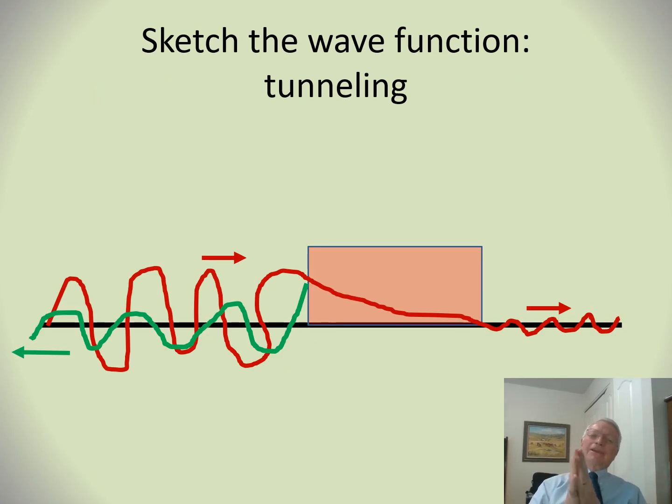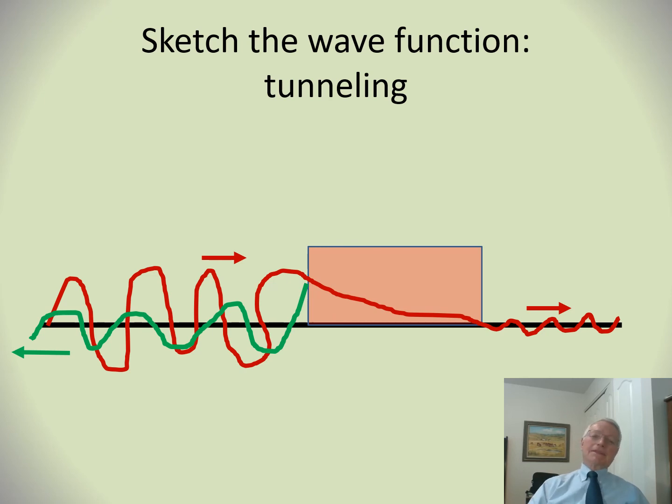So here's a very, very bad sketch of what the wave function psi would look like for tunneling. The red wave on the left is the incoming wave, representing particles coming into this potential energy barrier from the left. When the wave gets to the barrier, it can't propagate inside the barrier, it doesn't have enough energy. But that doesn't mean that it completely quits.